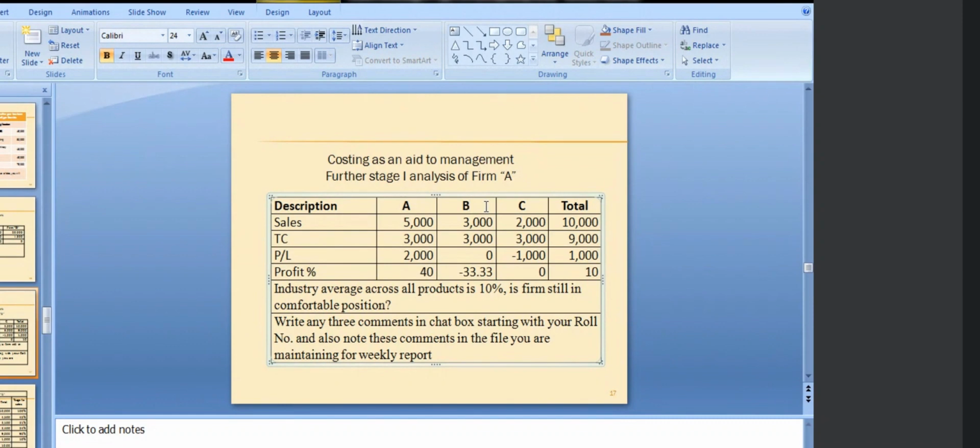If it is a consulting firm, it has software development business, marketing consulting, financial consulting, this consulting, that consulting. If it is a medical profession, there may be 2, 3, 4, 5 doctors. One is specializing in orthopedics, one in general medicine, one in heart, etc. And each division may be giving some profit or loss.